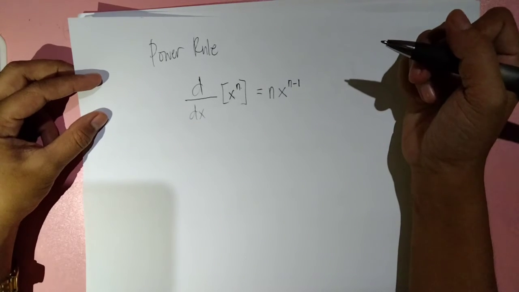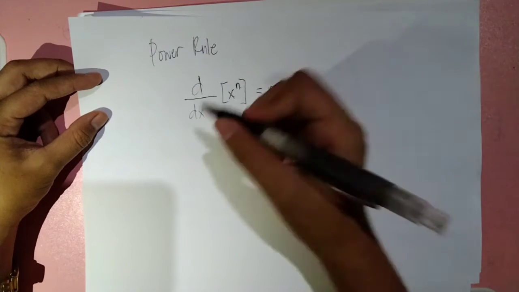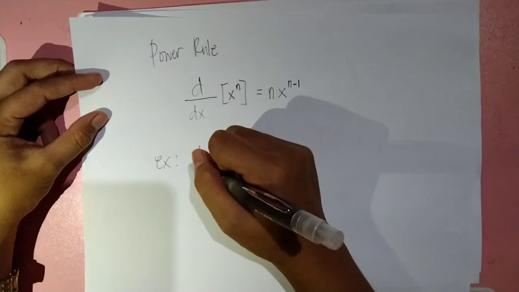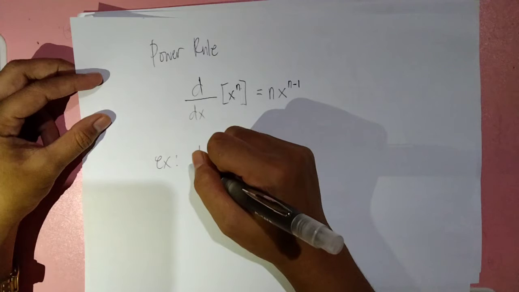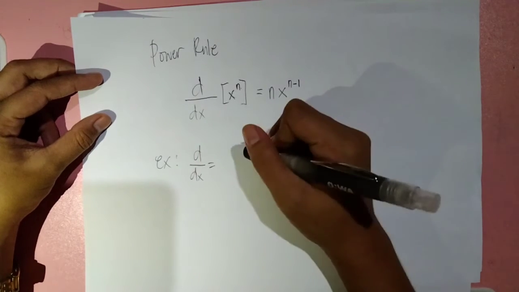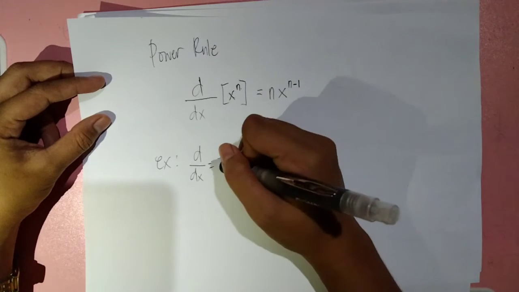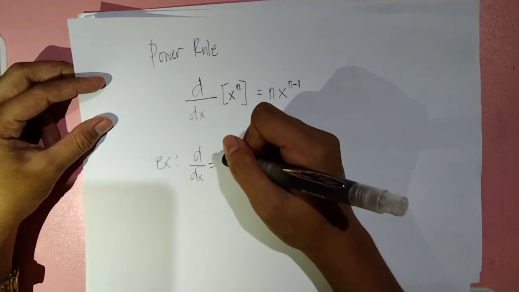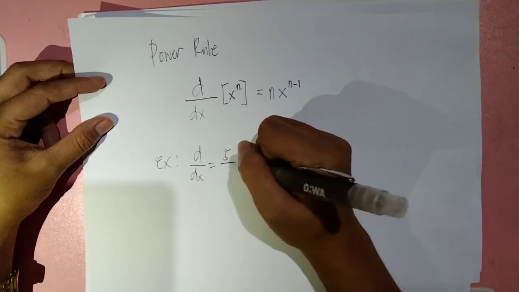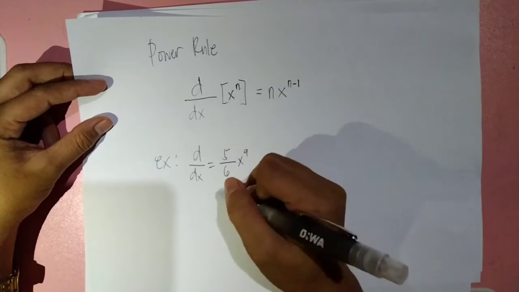Okay, example. Let's say d over dx of 5 over 6 x to the power of 9.